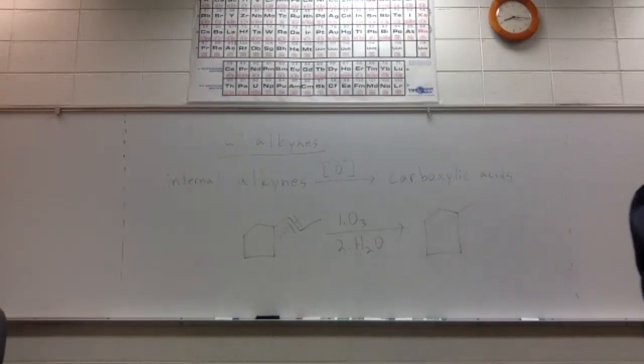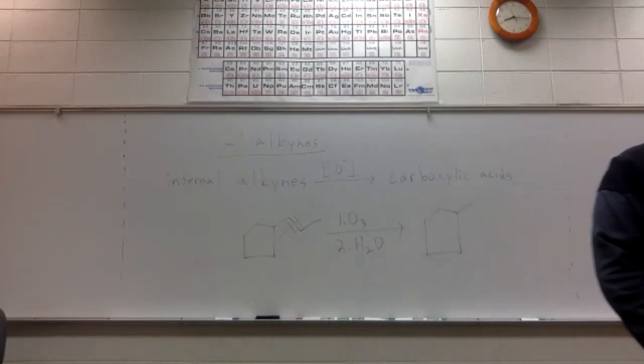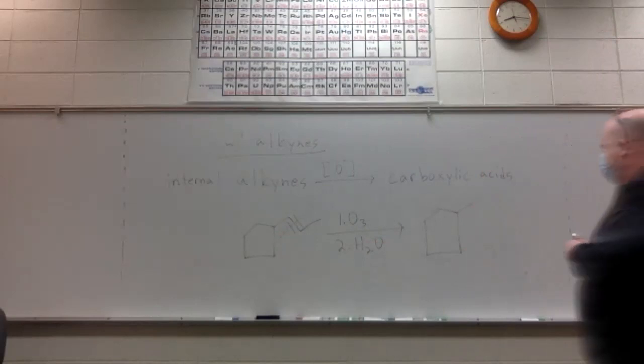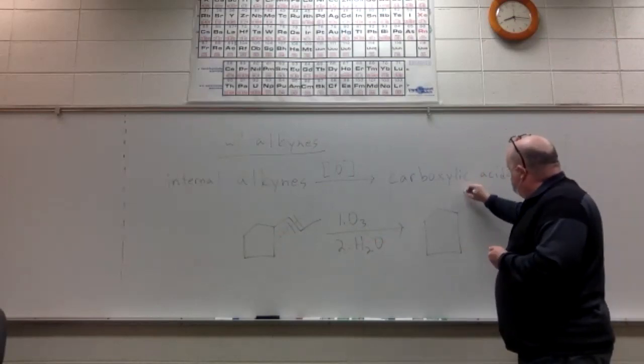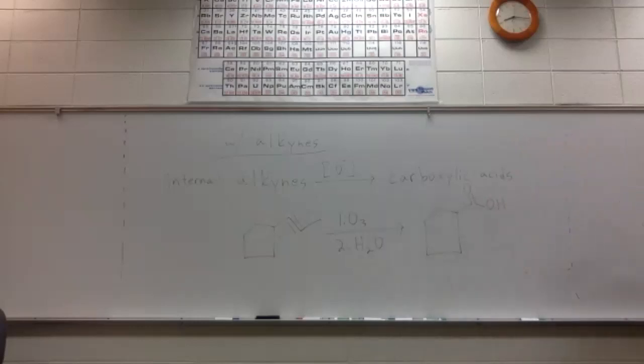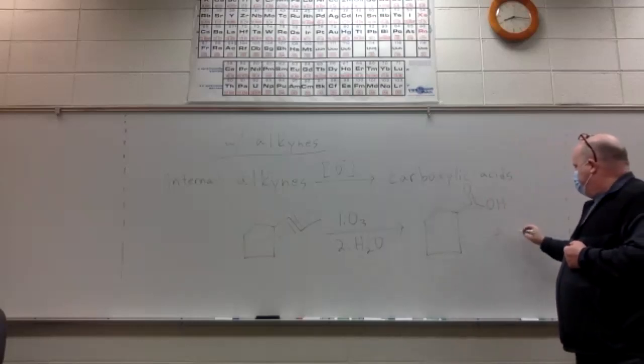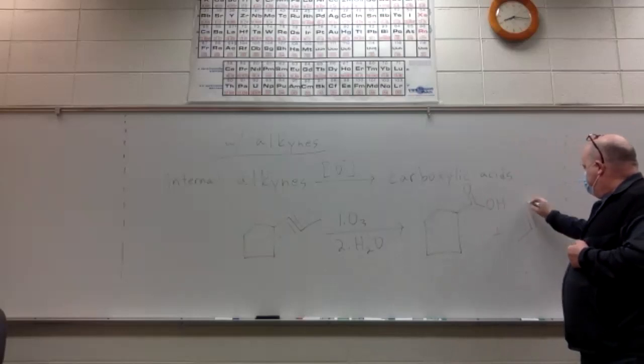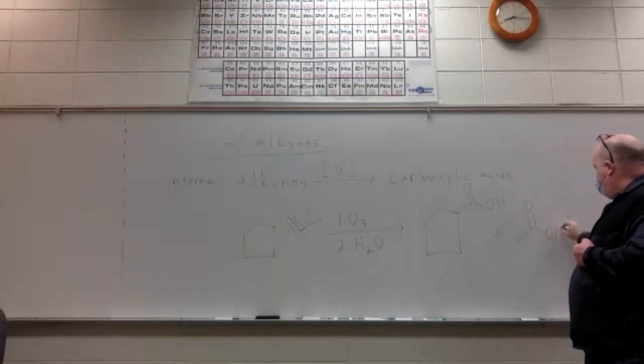Right? Refresh me, what does a carboxylic acid look like? C double bond O, and OH. Yeah. So, in this particular case, you would get that carboxylic acid. Then you'd also get a 2-carbon acid.